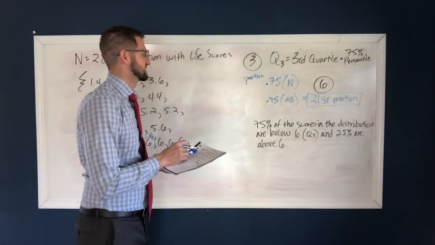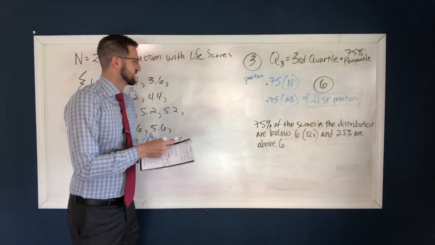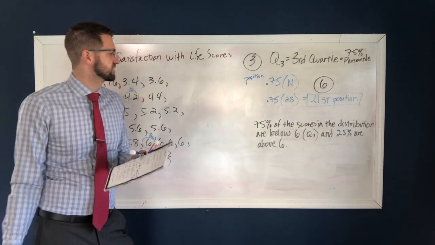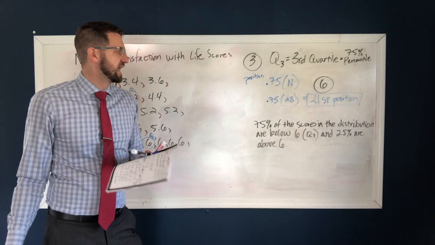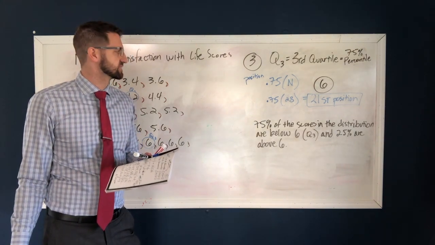Here you go. So very similar to the other ones, right? 75% of the scores in the distribution are below 6, 6 being the Q3, and 25% are above 6.